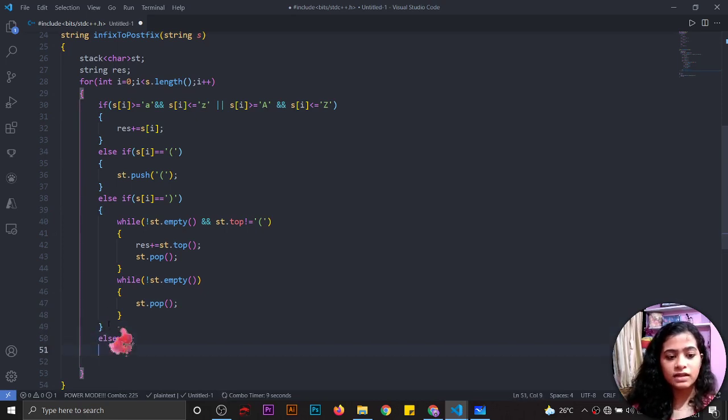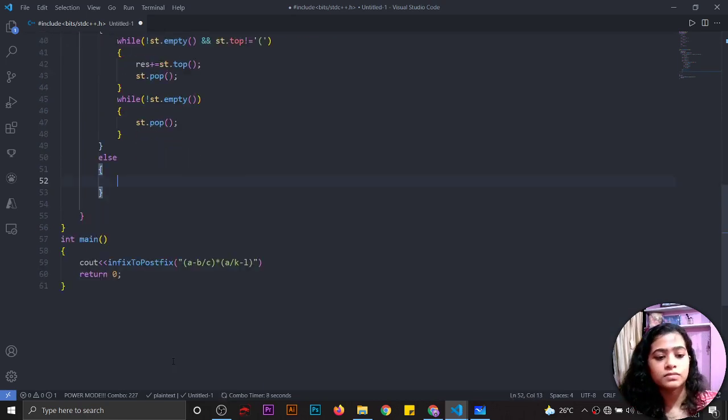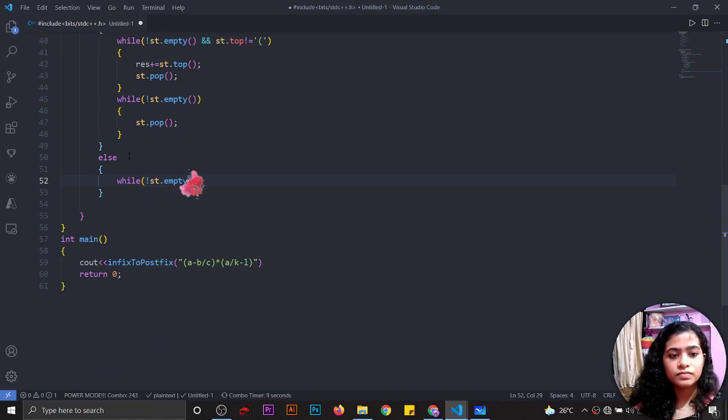Now else the final one. While not st dot empty, and we will check the precedence.